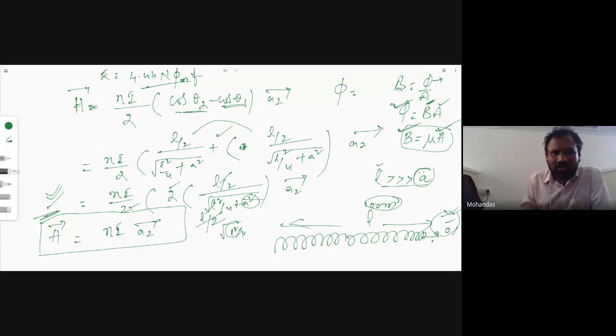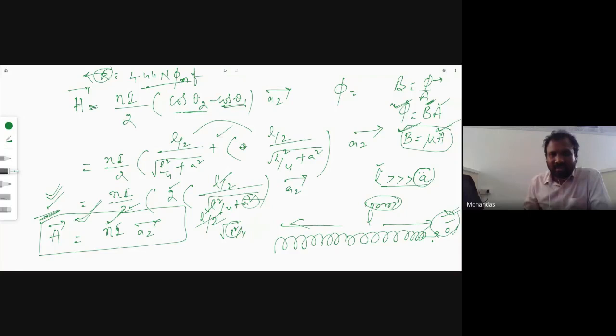If I want to design a transformer for a particular EMF, you must know this formula. These EMF basics are very much required for designing purposes.